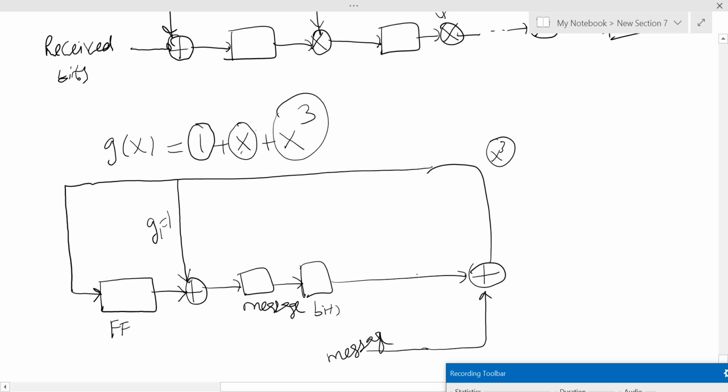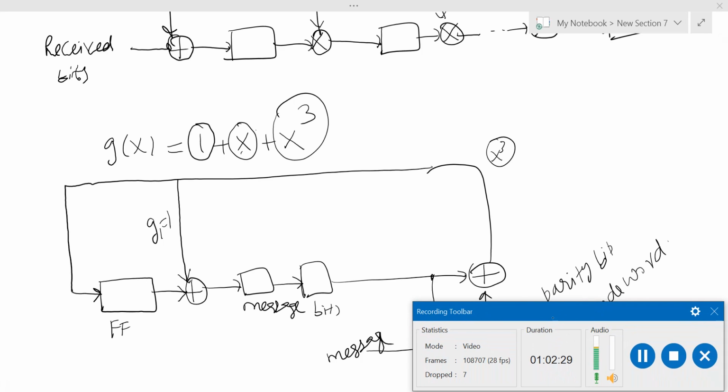The output here after shifting all the message bits will be the parity bits, and the concatenation of parity and message bits will give us the code word. So this is how we can put the gate here.